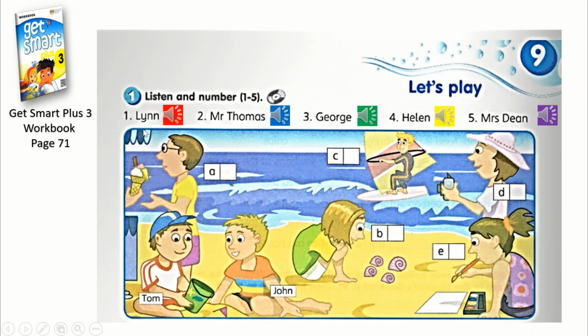Which one is Lynn? Mr. Thomas? George? Helen? Mrs. Dean? We're not sure. That is why we are going to listen carefully to the audio that I am about to play. Okay, are you ready?